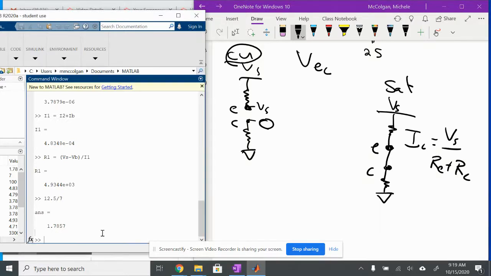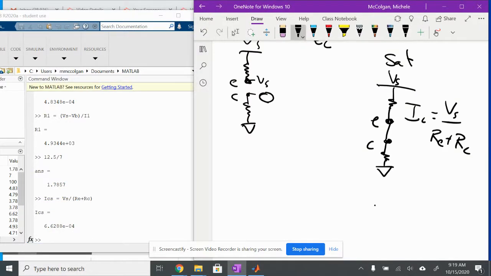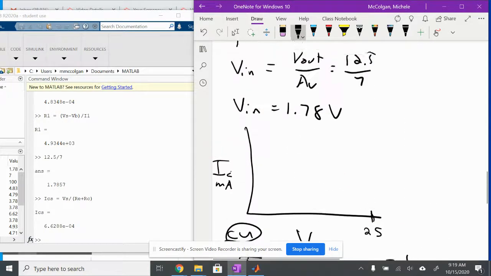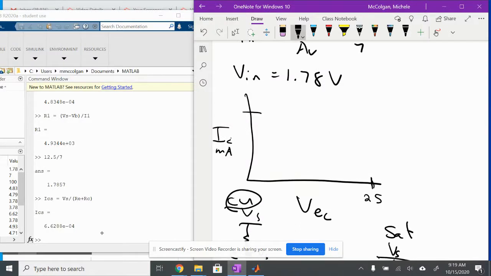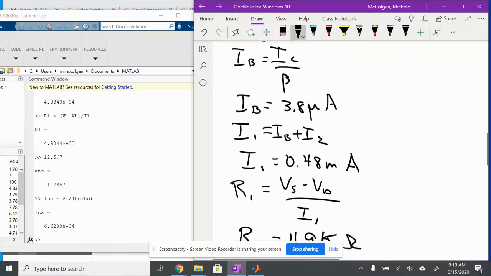So when I calculate that, I'm going to get IC sat equal to VS divided by RE plus RC, and that's equal to 0.66 milliamps. Draw that in here. So let's just say 0.66. Draw my line.